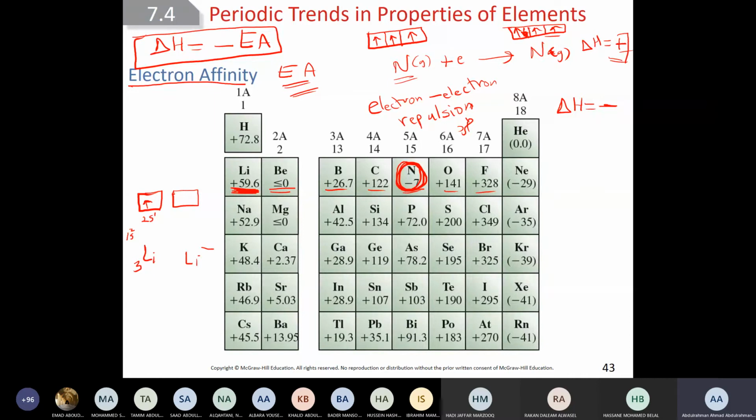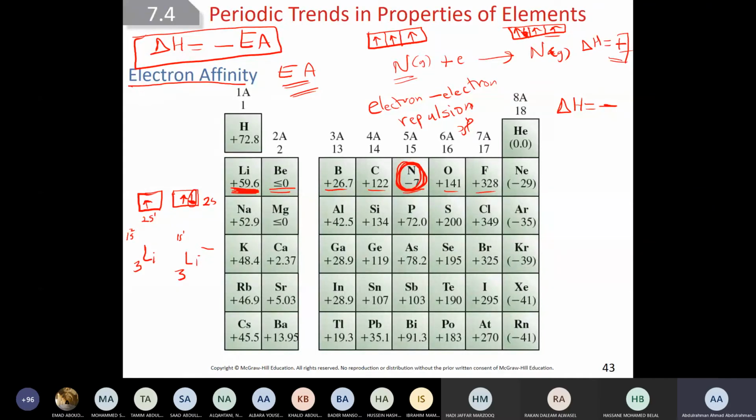Again, we have 1s2 as is, but you put another electron in the 2s. Because the 2s is very close to the nucleus, lithium is able to attract the other electron, to an extent that it becomes favorable.